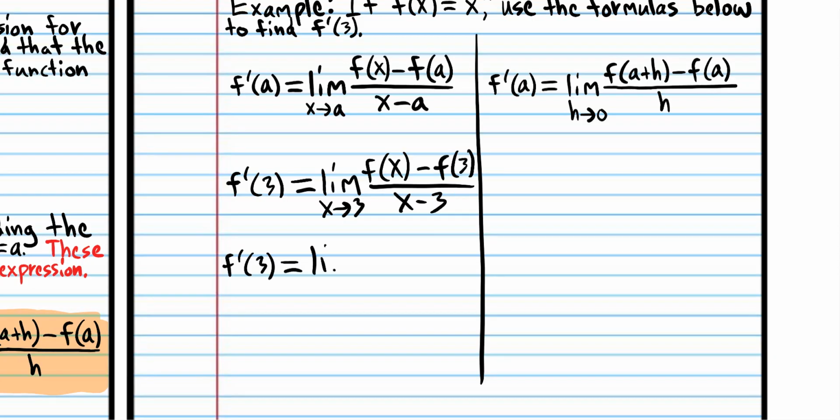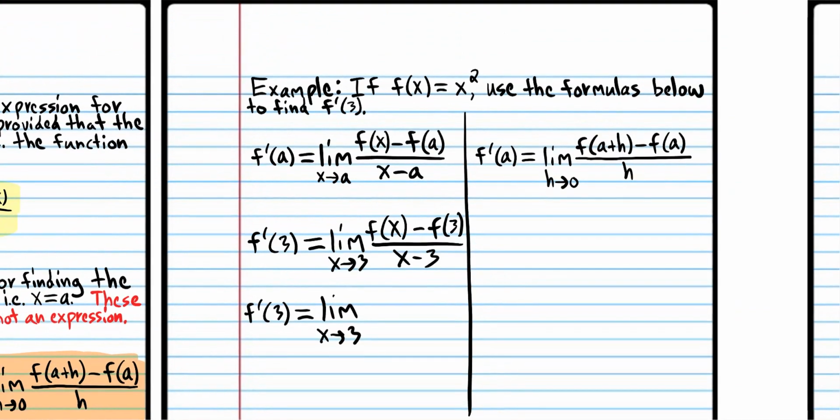Okay, and now we can replace f of x with what f of x actually is. It's x squared. So that's easy. We're just replacing it with x squared. Now what is f of 3? Well, f of 3 is the value of this expression when x is equal to 3. So it's just 3 squared.